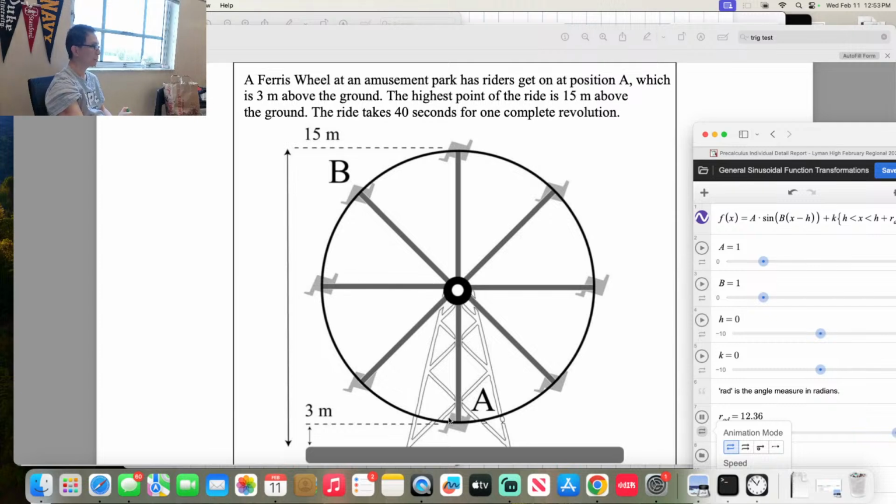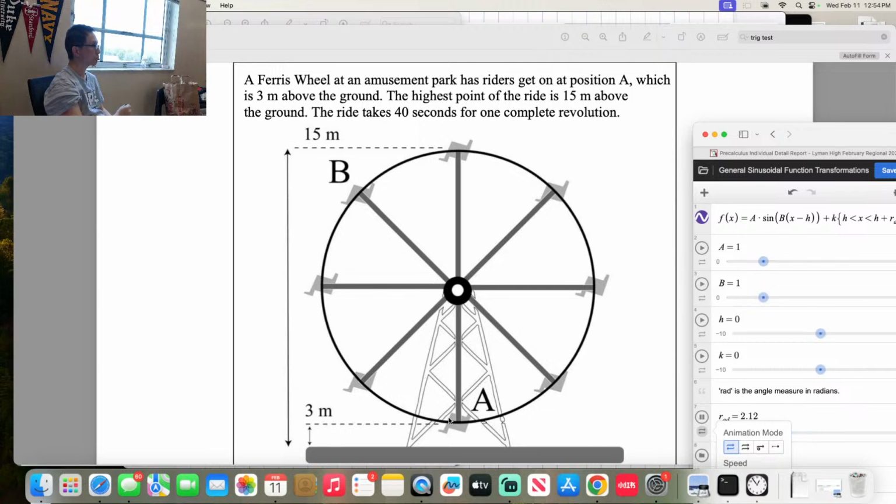Devin, come on. Did you already figure it out? We know the amplitude is here. Oh, half of that is the period. You're right. He's asking us to make an equation.